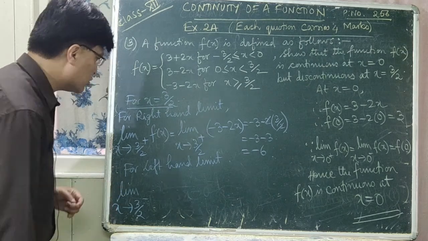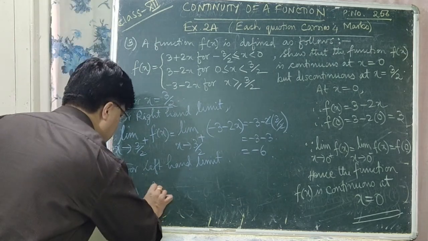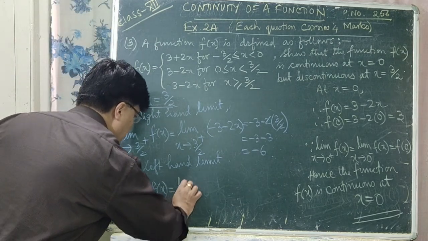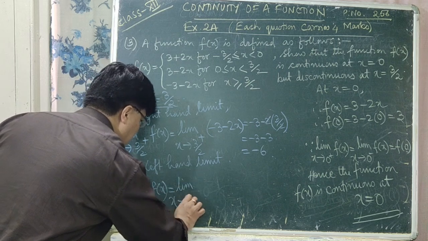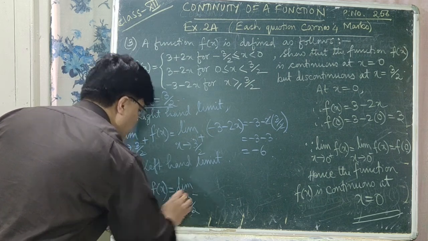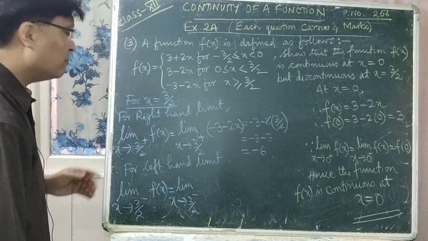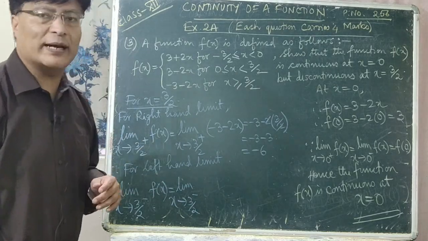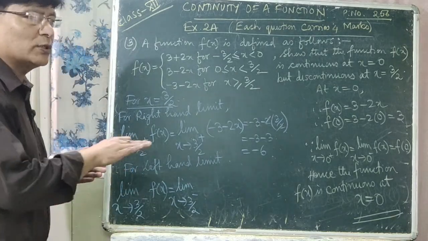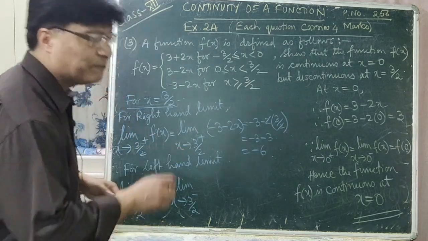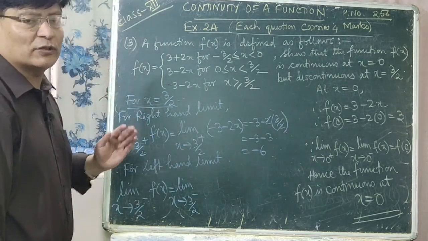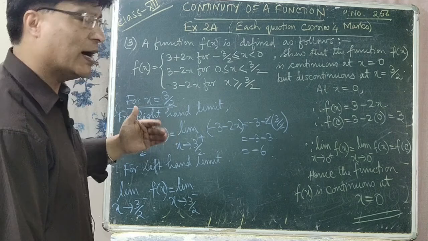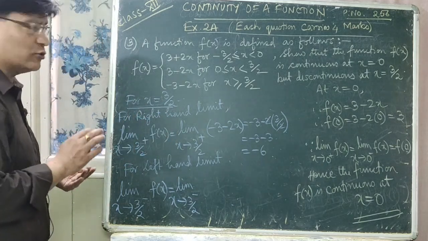So limit x tends to 3 by 2 minus f of x. What is the meaning of x tends to 3 by 2 minus? x is approaching towards 3 by 2 from the left hand side, and all the values of x on the left of x is equal to 3 by 2 are less than 3 by 2.